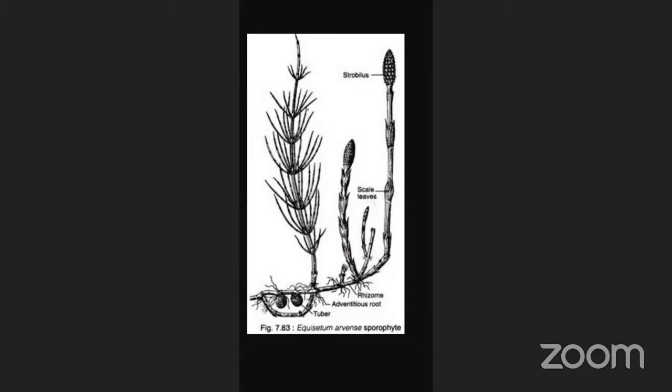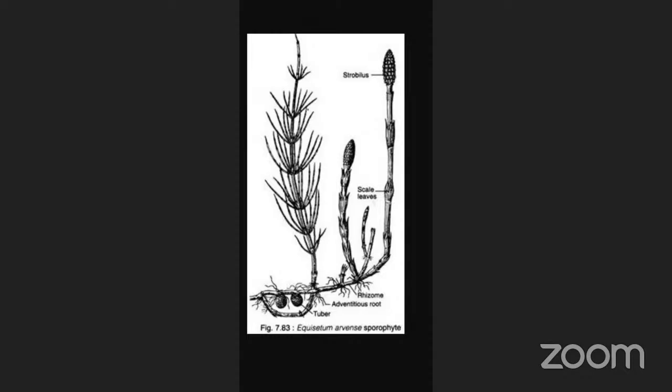The habitat: Equisetum has a variety of habitats. They can grow in different localities, in forests as well as swamp areas, and in damp, shaded areas.